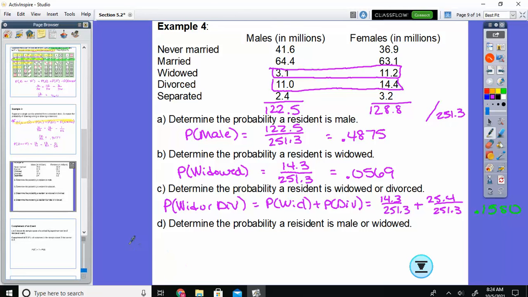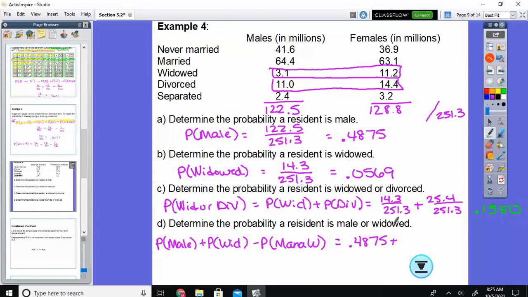Last one, the probability of male or widowed. Could this one have overlap? Yes. So we have to do the probability of a male plus the probability of widowed minus the probability of both. So, probability of being male, you can use the fraction, you can use the decimal since we've already calculated it, either way.